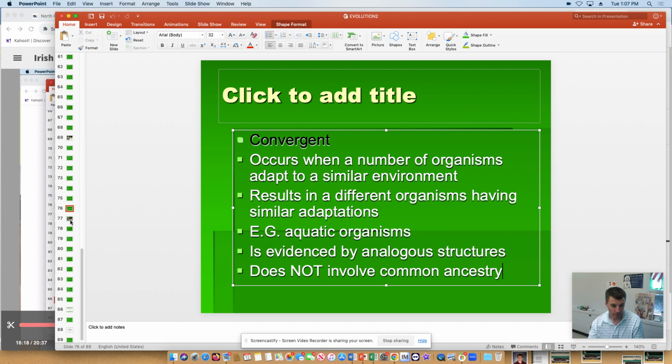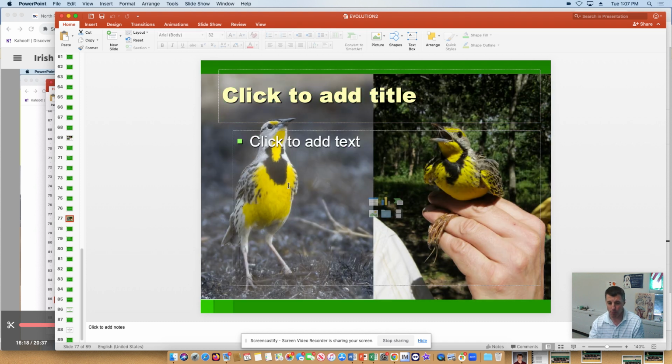So an example of that would be these two birds. This is a western meadowlark, that's the state bird of Nebraska. And this is, I don't remember, it's called a long-footed something. Anyway, it's in Africa. And these birds are in no way closely related if you were to analyze their DNA.